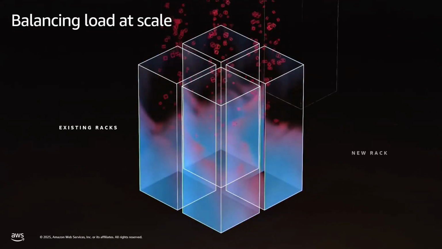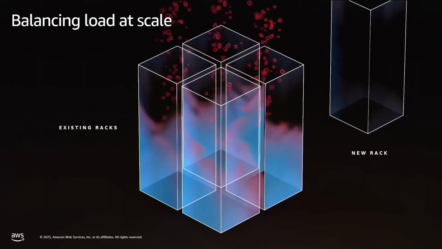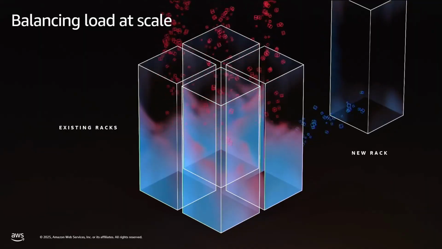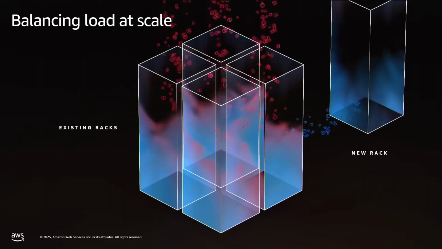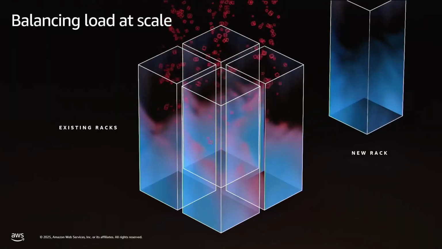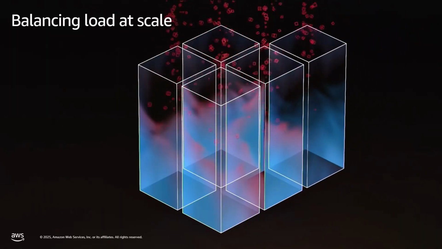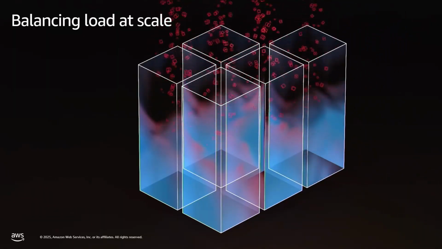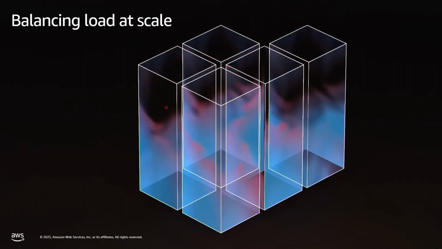So when we're adding a new rack in, we're first loading that up, filling it with cold data from our existing racks, so that when that rack goes into production, it's not becoming a hotspot, it's not overloaded. And this is cloud scale engineering. This is how we deliver virtually unlimited storage capacity to you.